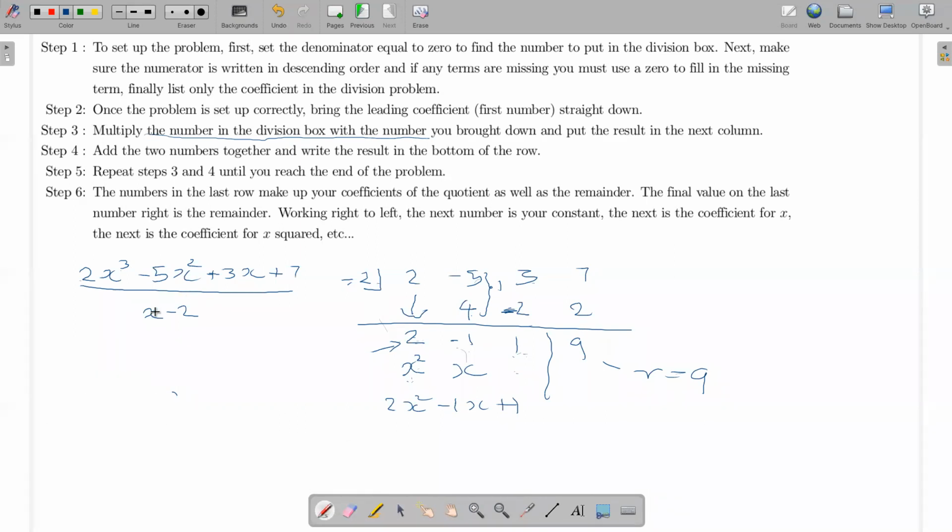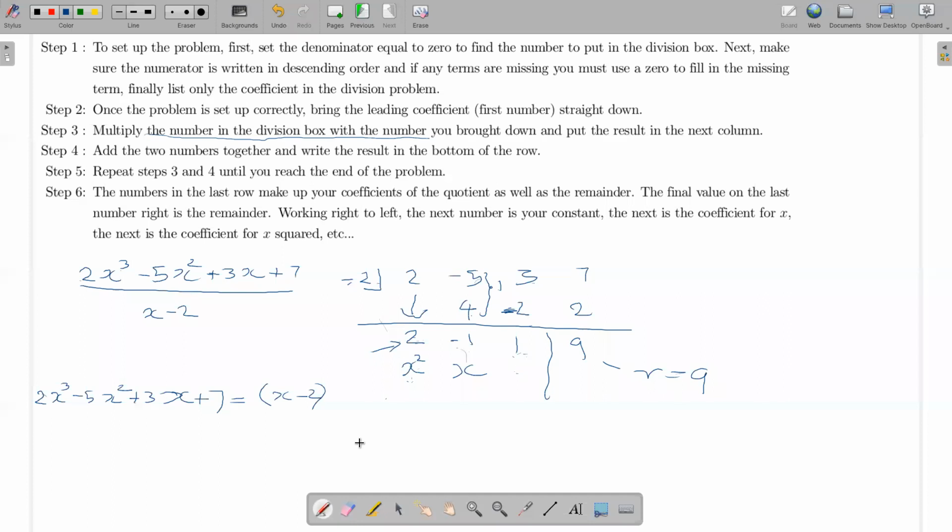Okay, so I have 2x squared minus x plus x, and the remainder is 9.